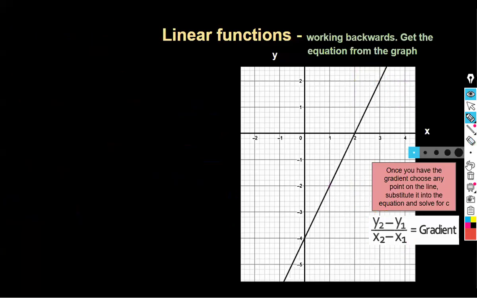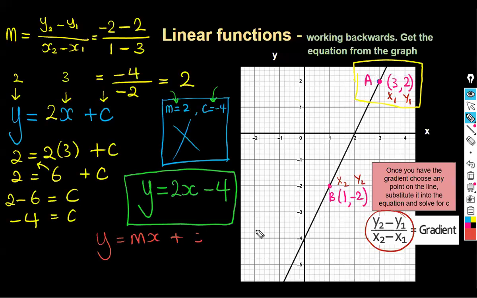So some people, they will replace the M with how much? 2, which is understandable. And the C, remember they got C as what? -4. So they leave it as positive -4. But you can't leave it like that.